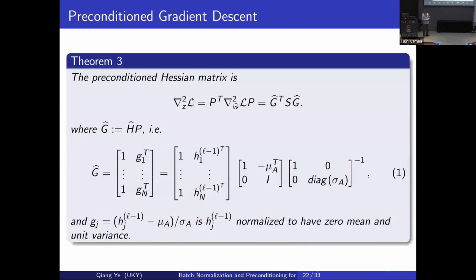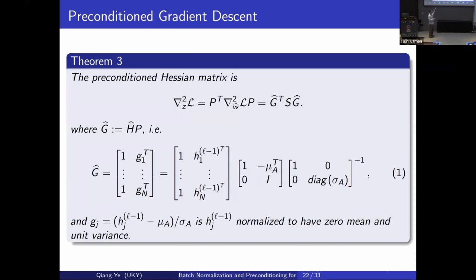All right, if I construct this P, what happens to the Hessian? If I multiply by P transpose and P on the Hessian, the H hat changes to what we call G hat.